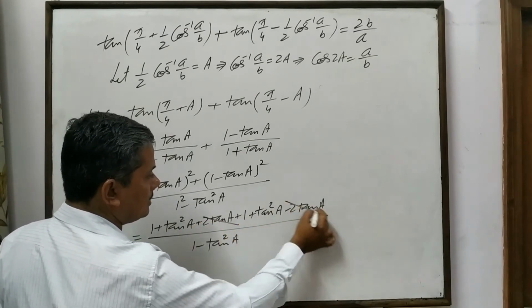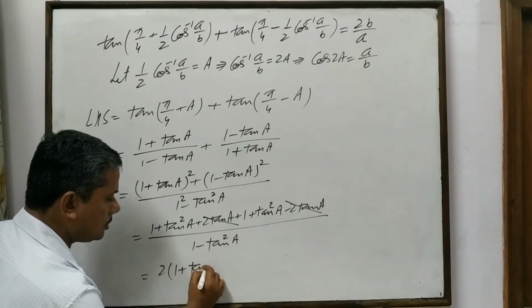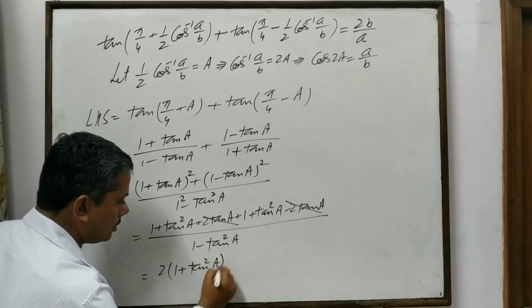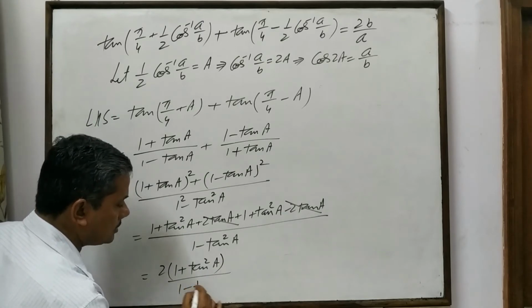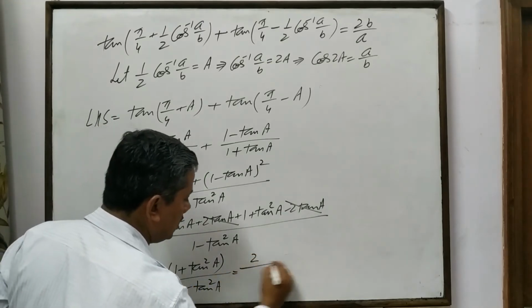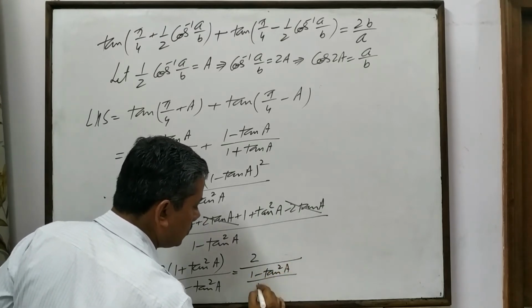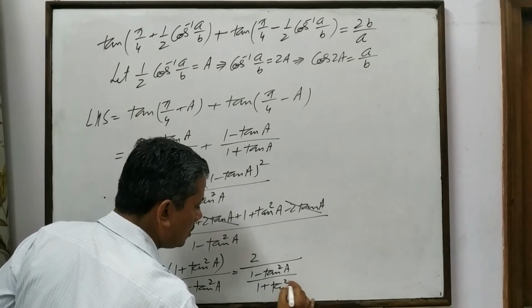This 2 tan a cancels, so it is 2 times 1 plus tan square a upon 1 minus tan square a, or it is 2 divided by 1 minus tan square a upon 1 plus tan square a.